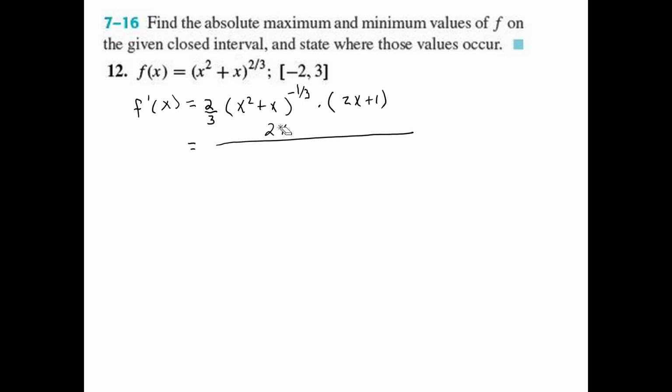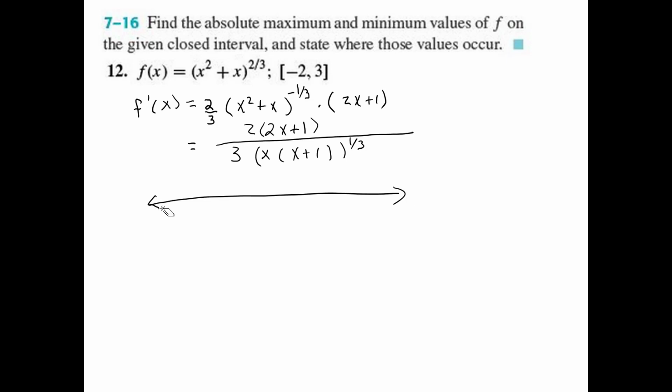The 2x plus 1 stays in the numerator. The -1/3 goes into the denominator. The -1/3 becomes x times x plus 1 to the 1/3. And then now in factored form like that, we can tell what the critical numbers are.